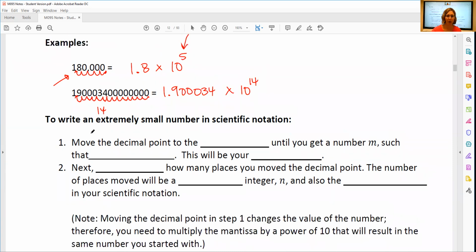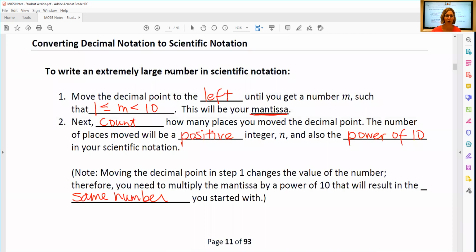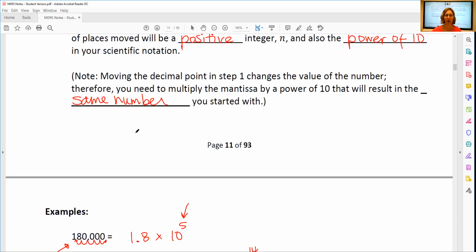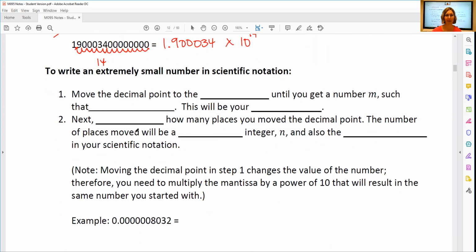All right, so now we're going to go the other way. I want you to see that up here, the directions were to write an extremely large number and to convert it into scientific notation. Well, now we're going to take an extremely small number and convert that into scientific notation. So that's going to be the steps we're going to fill in here.